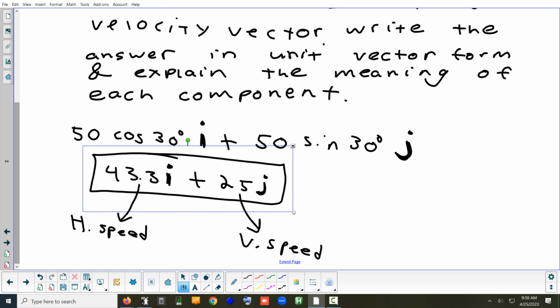So this vertical speed changes the second it leaves your hand. Horizontal speed doesn't really change. If you think of the speed when the ball leaves the pitcher's hand, and then the speed it hits the catcher's glove at, it's probably the same speed. The only thing that would slow the ball down a little bit would be the air. But because a ball is round and it's such a short distance they're throwing it, it probably doesn't slow down that much.